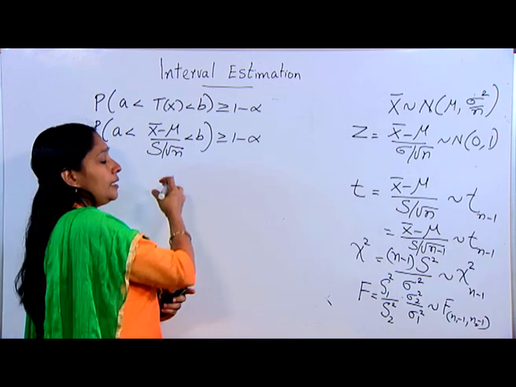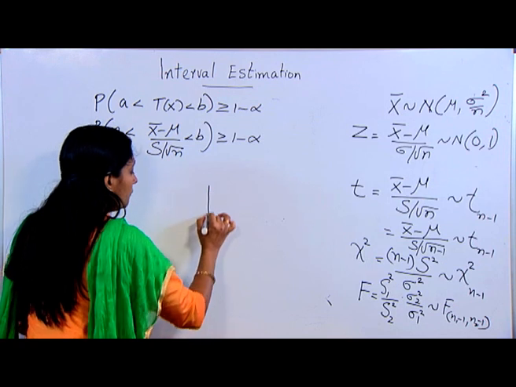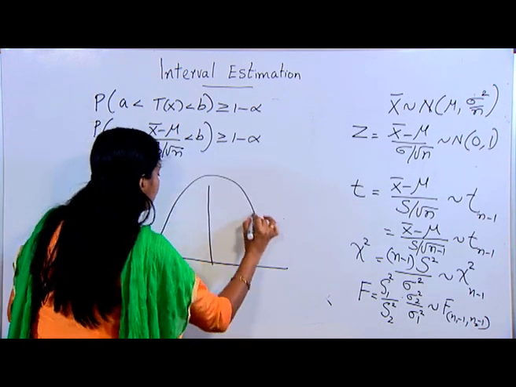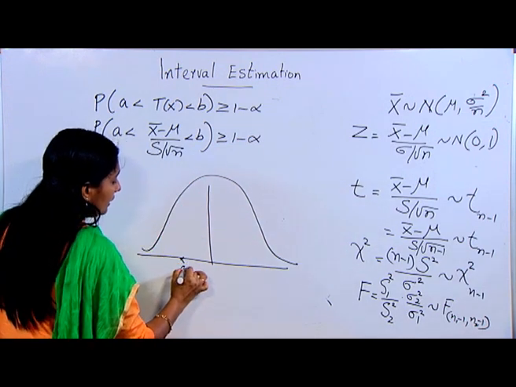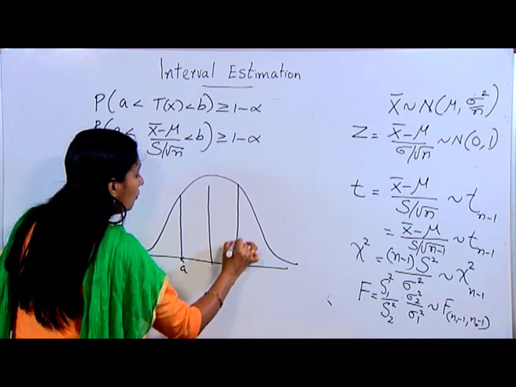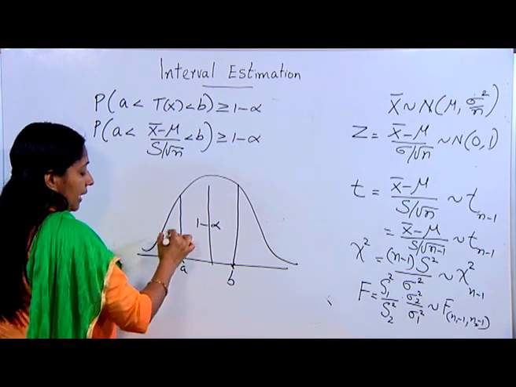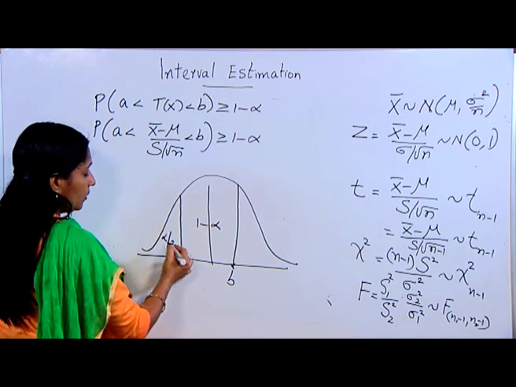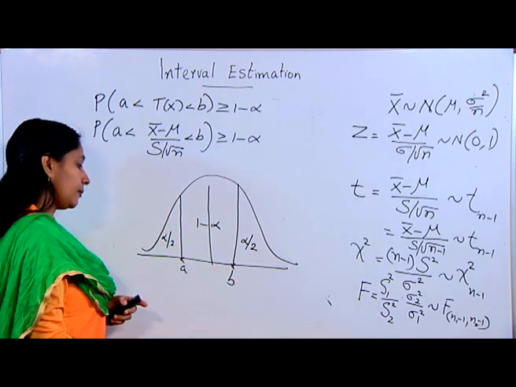Again, the t distribution is a symmetric distribution. So, when you consider the graph of the t distribution, the area between a and b is 1 minus alpha. The remaining area alpha is again distributed equally along the left and the right tails.